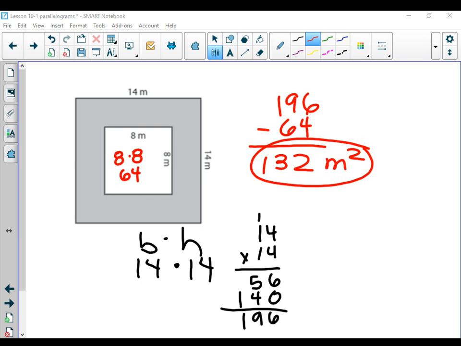This is a good time to exercise my brain. 4.1 times 1.8. 73.8?